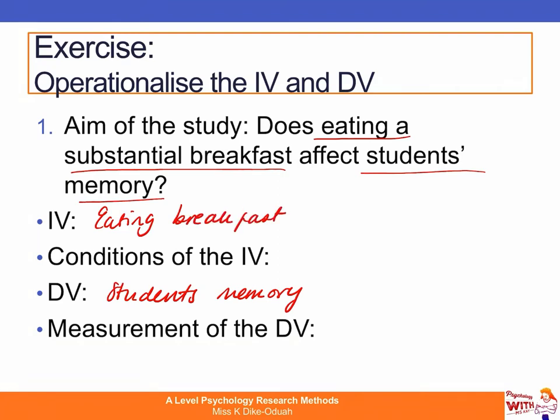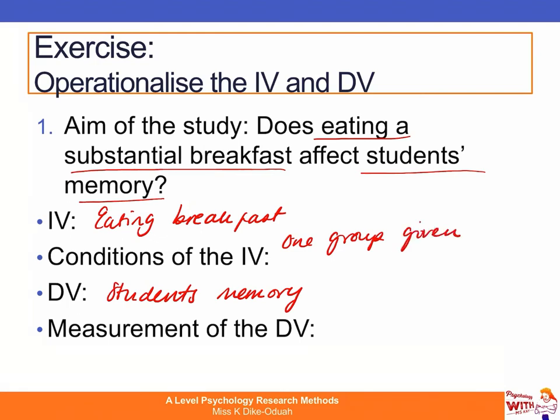But how can we break down this independent variable? How can we manipulate it so that indeed we are comparing the effects of perhaps two conditions? So we might say that one group are maybe given one cracker for breakfast. I don't know how ethical that will be.